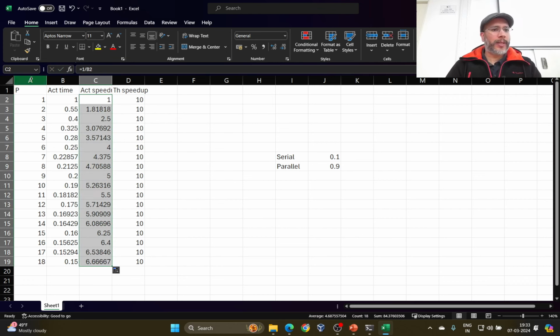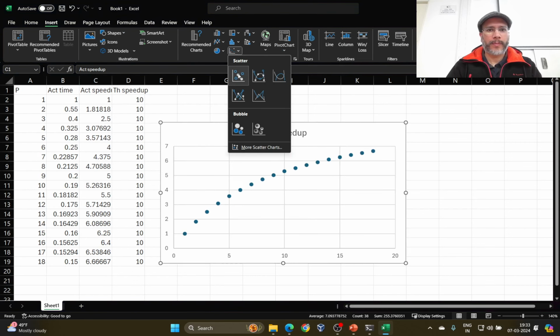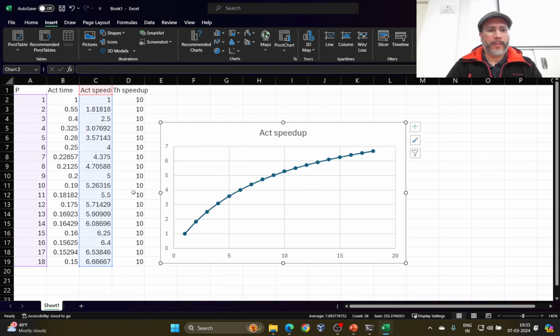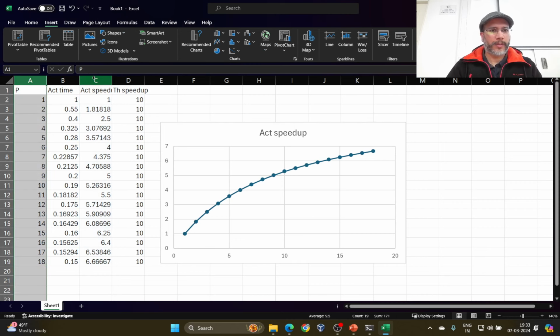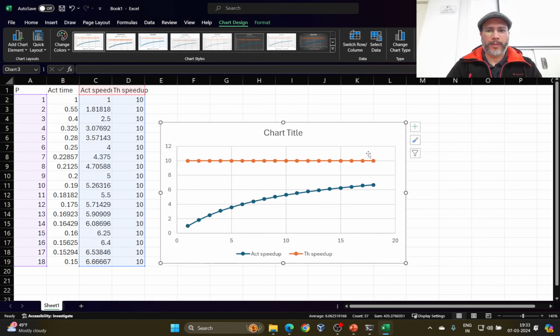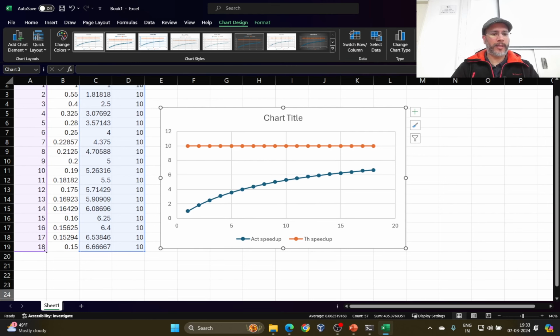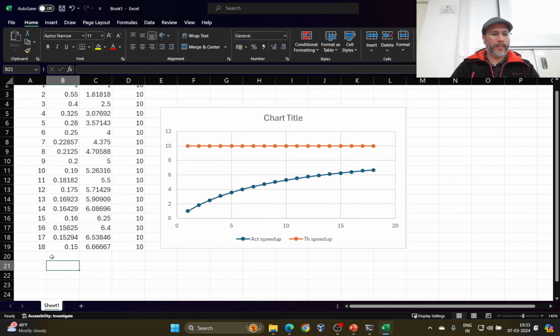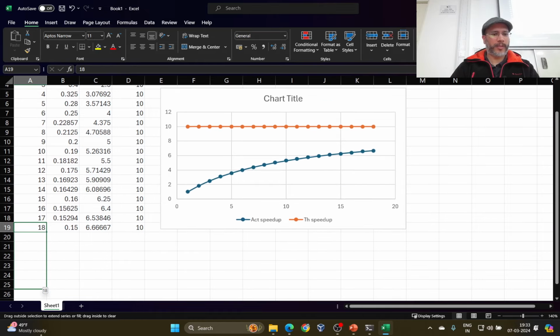Right. So now we can plot these. Okay. And then, well, theoretical. Right. So this is your actual speedup. So you can see that, let's have a few more processors here.